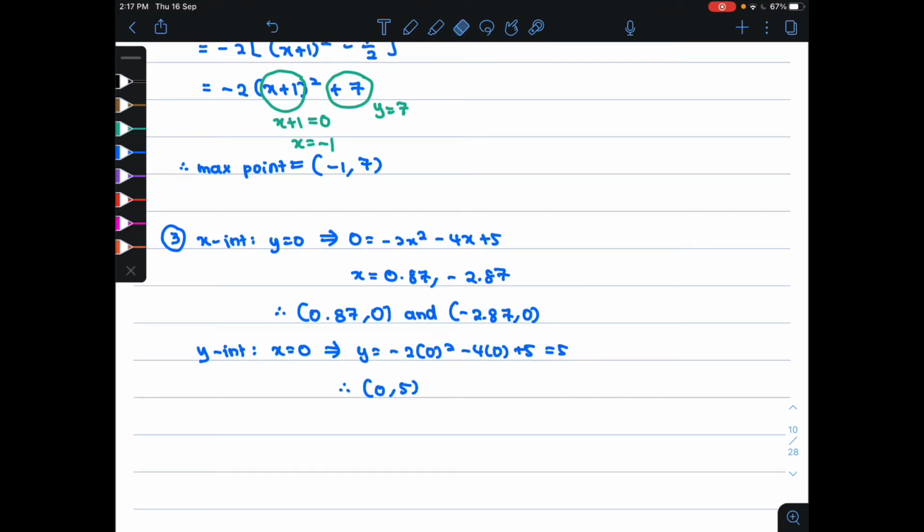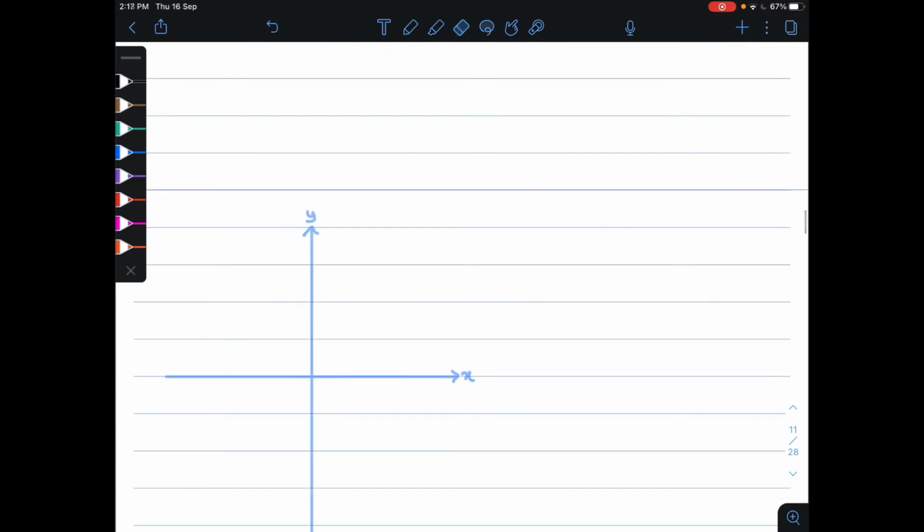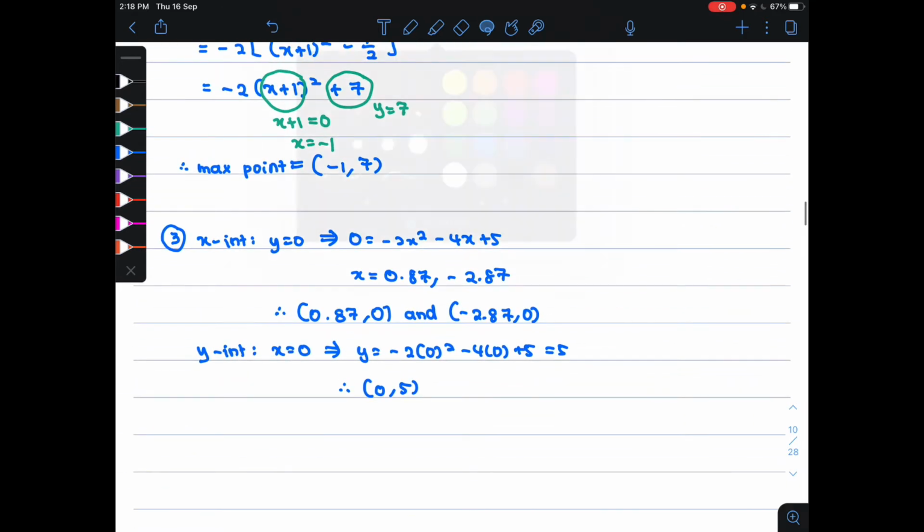So, let's try and sketch our graph. Lukis dulu x-axis dengan y-axis. And then, let's look at our x-intercept and y-intercept. X-intercept is 0.87 and -2.87 with 0.